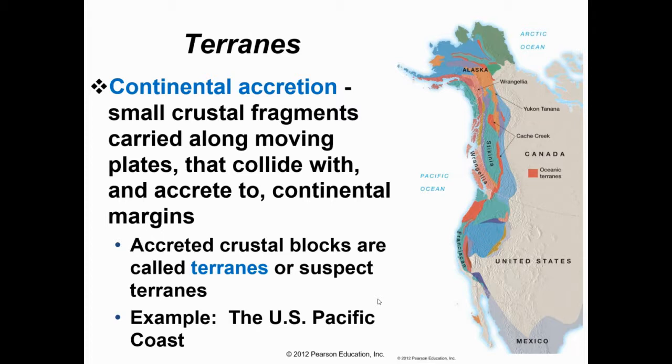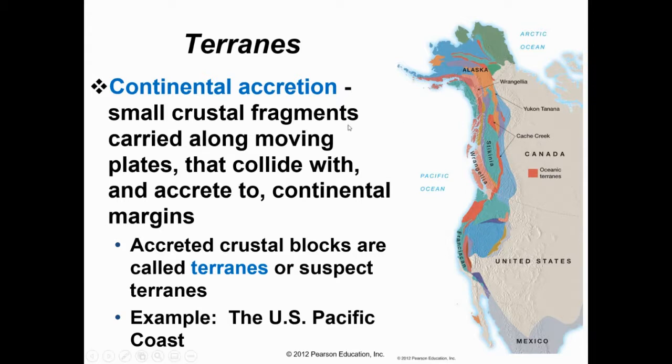Another concept is called continental accretion. Here on the west coast of North America, we have the Pacific Plate and the North American Plate. The Pacific Plate is being subducted beneath the American Plate. And the Pacific Plate is seafloor, as you would expect.